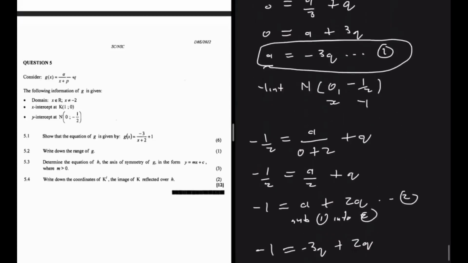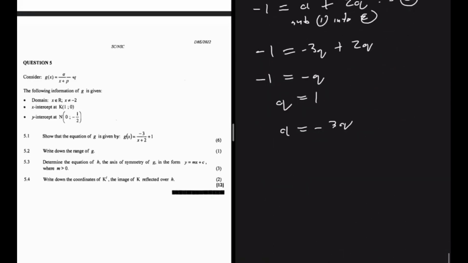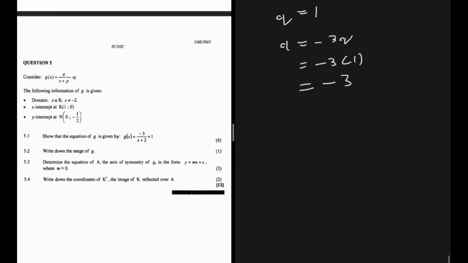So I'm gonna say a equals minus 3q, right? And then I know that q is 1, so a is equal to minus 3, and that's exactly what we are given. So from this I know that g of x is equal to minus 3 divided by x plus 2 plus 1. I've determined q, I've determined p, I've determined a, and I get my 6 marks.